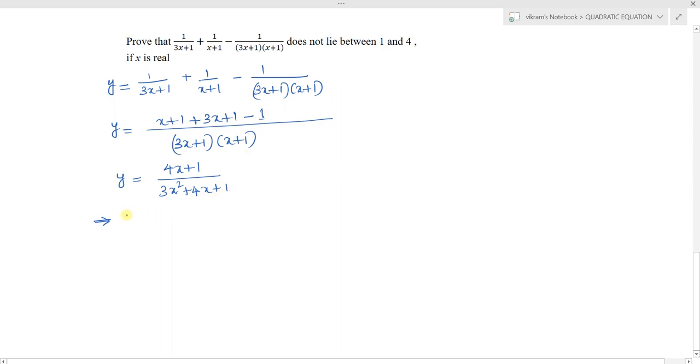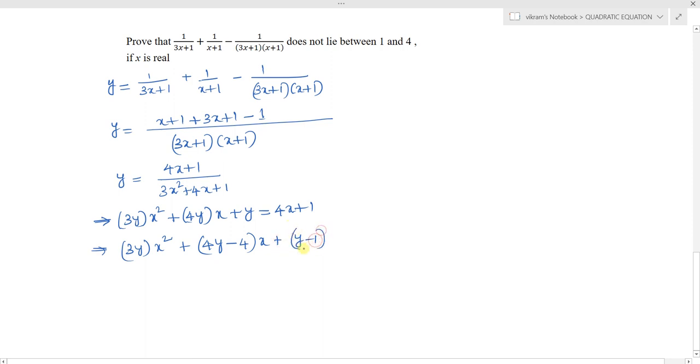Now cross multiply. We can write 3y times x square plus 4y into x plus y equals 4x plus 1. Taking all terms to one side, it can be written as 3y x square plus (4y minus 4) into x plus (y minus 1) equals 0.